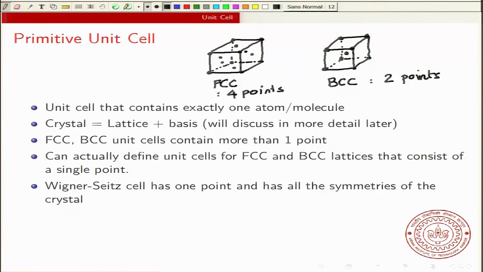However, both these unit cells have more than 1 point. FCC has 4 points, BCC has 2 points. So, these are not primitive cells. Notice that it is the unit cells that are not primitive.